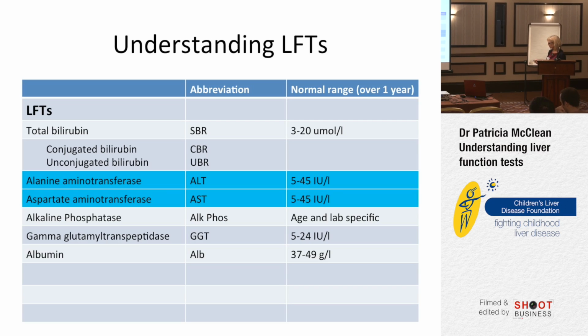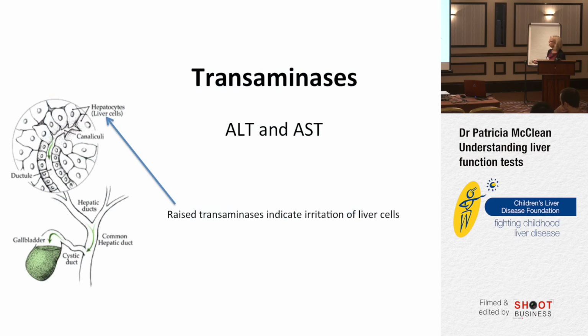And first of all, we talk about the transaminases, the ALT and AST. And they leak out of the liver cells. So anything that irritates the liver cells can make your transaminases go up. They're terribly sensitive, and they will go up even in you or I if we have a bad enough viral infection.